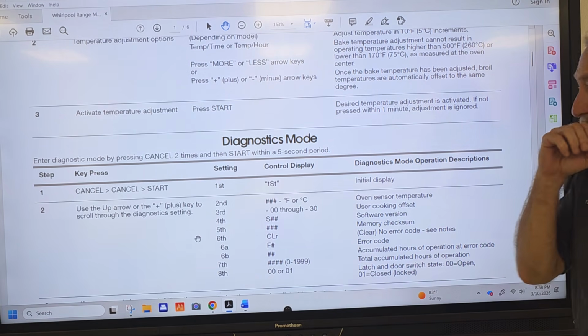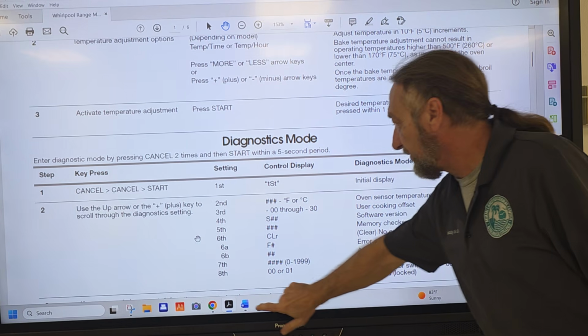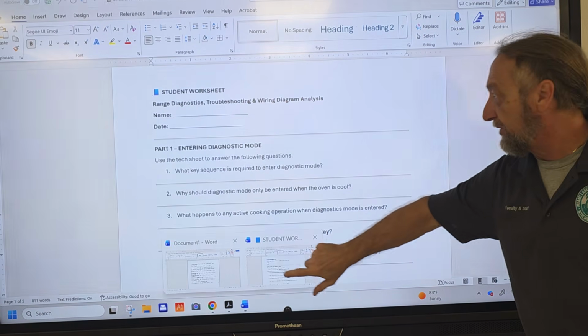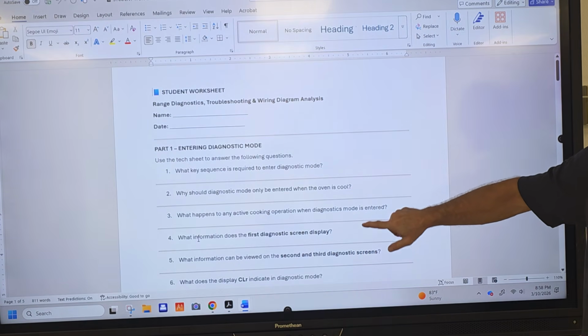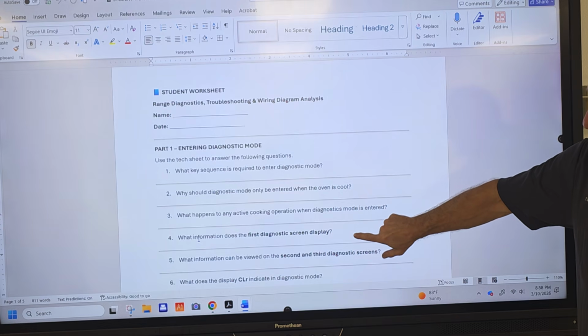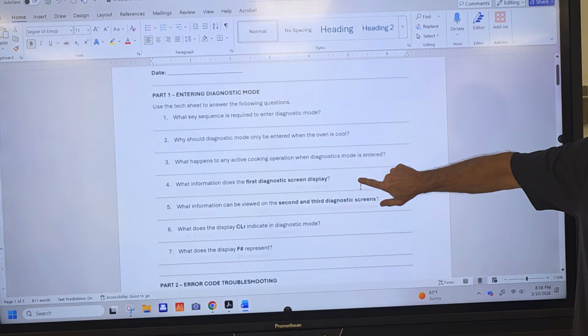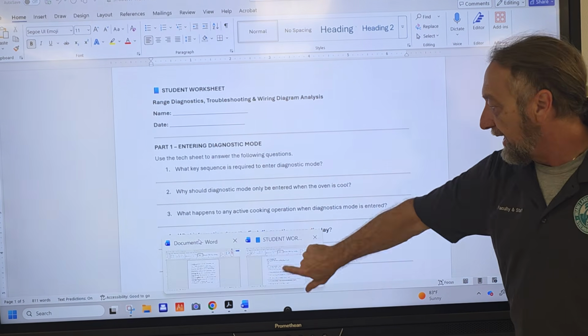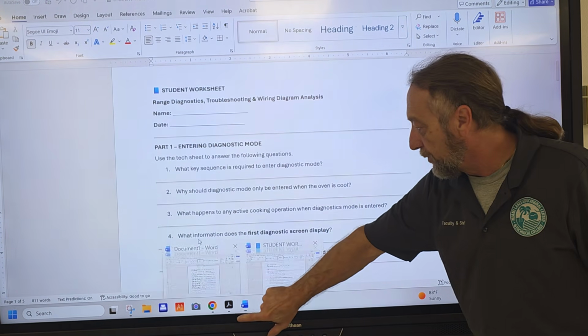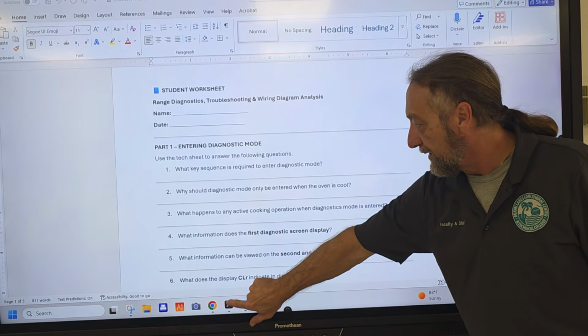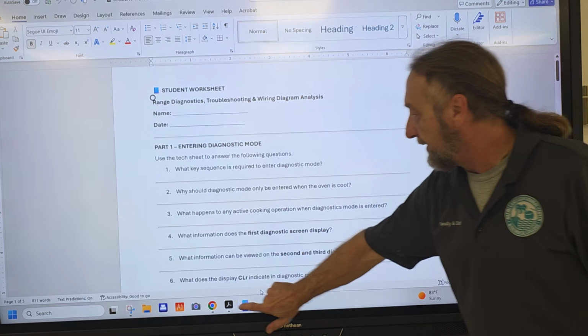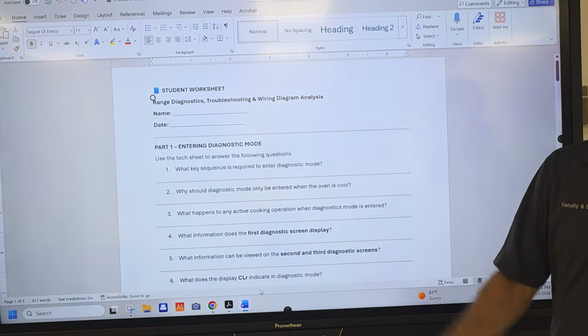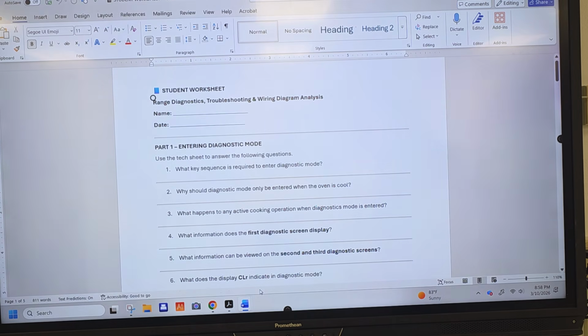Okay, let's jump to this other question real quick, because we're in the same section, which is, what does TST mean? What information does the first diagnostic screen display? And it tells you here, this one. Touchscreen's not working too well for me. One second, I'll just get the mouse.